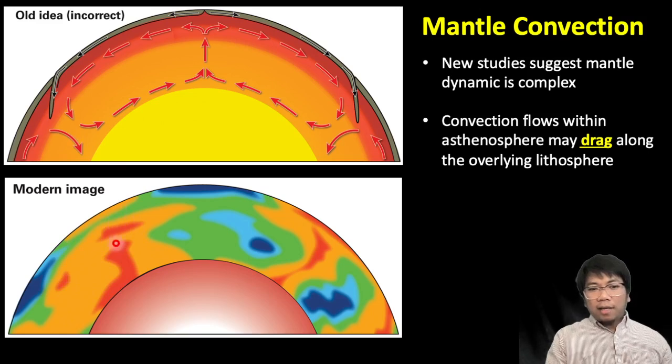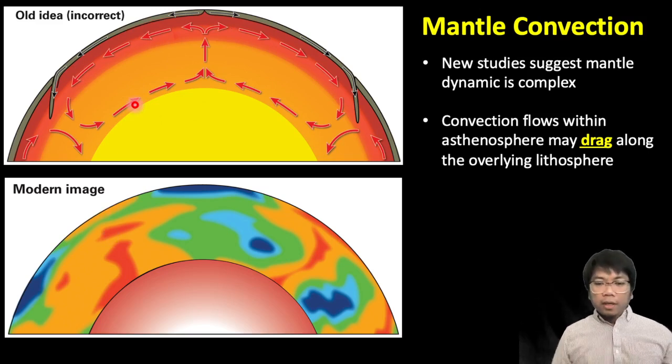Now we know that in the mantle of the Earth we have some colder regions, much colder than this region, for example, so the convection cells are not as big as illustrated 10 years ago.